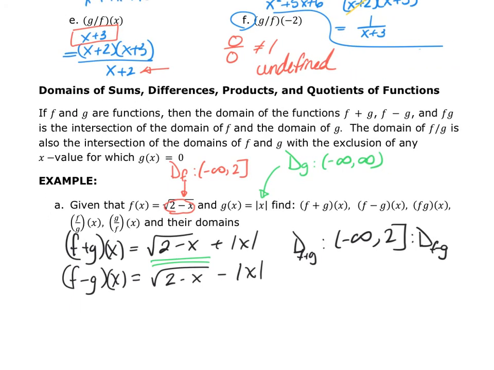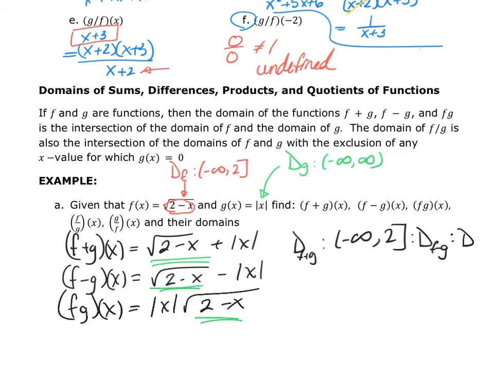If I were asked to find the multiplication, the best it gets to be is 2 minus x times the absolute value of x. And again, what's going to dominate is this. So the square root of 2 minus x is still dominating. So this is also going to be equal to the domain of the multiplication.